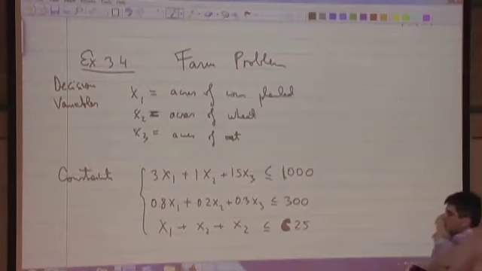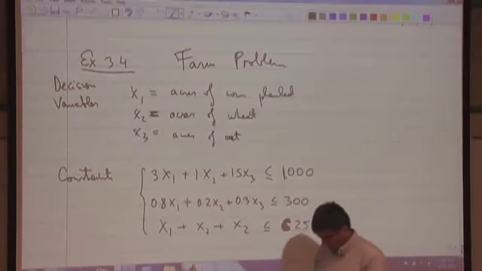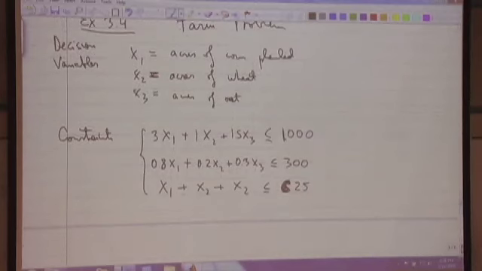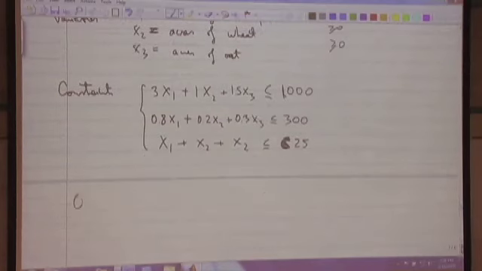So that's about it. And of course, x1, x2, x3 have to be nonnegative, right? And now the objective function is the profit or the total yield.